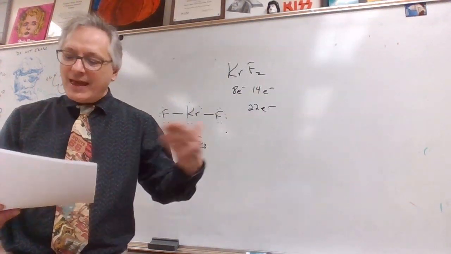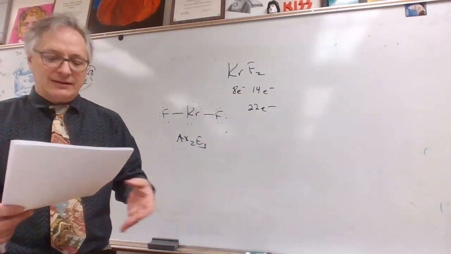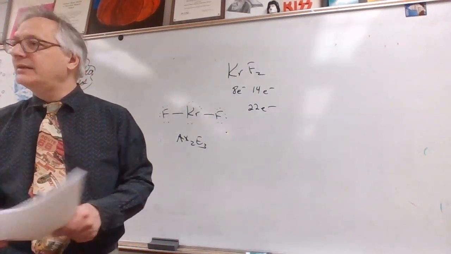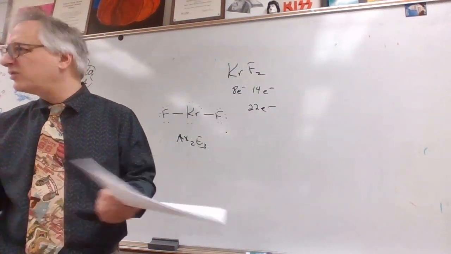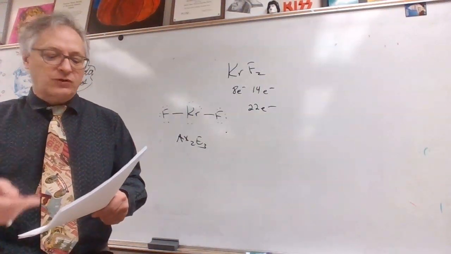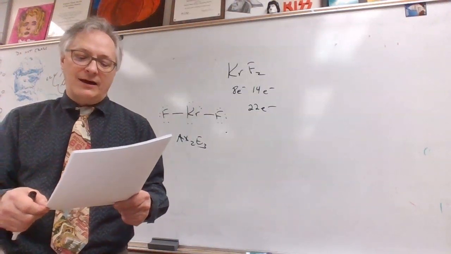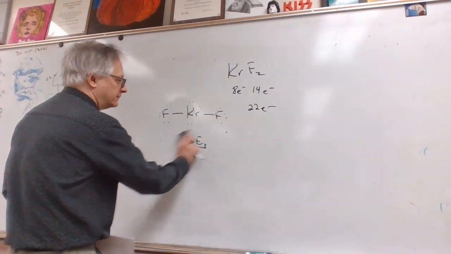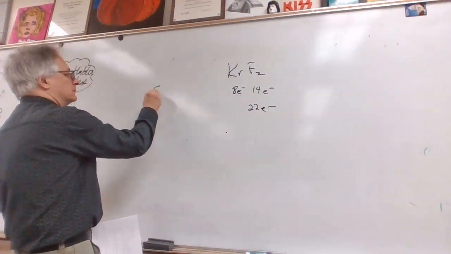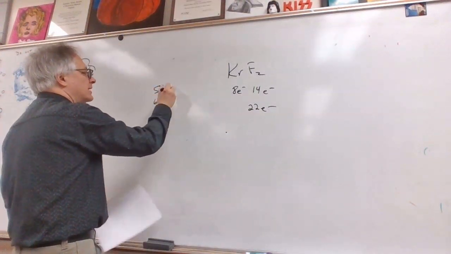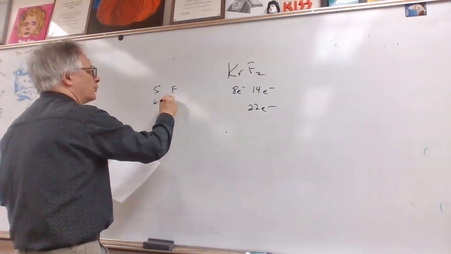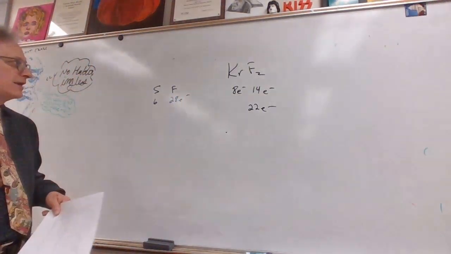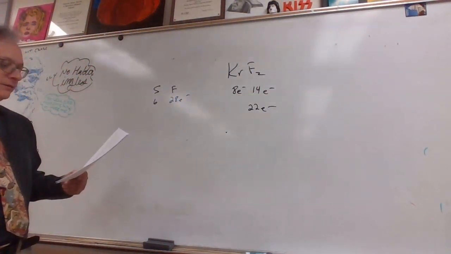And you could prove to yourself, looking at all of these other ones, that you're going to violate the octet rule. If you want to draw them out, xenon tetrafluoride, you know that's going to violate it. SF4, let's take a look at SF4. Sulfur, we've got 6 electrons, and I've got 28 electrons for the 4 fluorines.